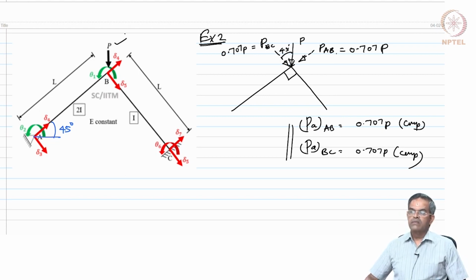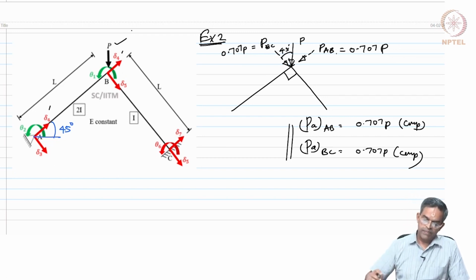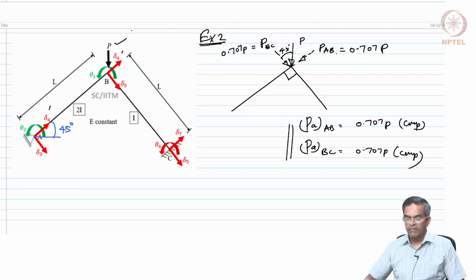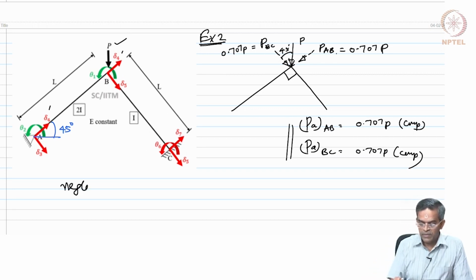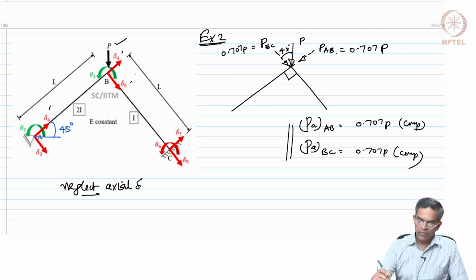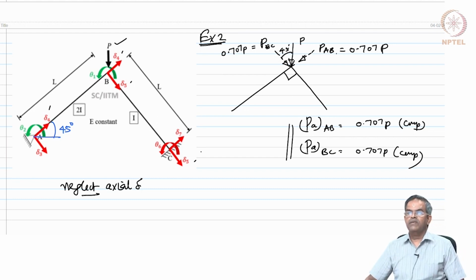Now, let us mark the unrestrained degrees. One can see here on the screen theta 1 and theta 2 are the rotations which are unrestrained, remaining all are restrained, and look at del 4 same both places, indicating we are neglecting axial deformation. Similarly, del 4 and del 4 neglect axial deformation along the member BC.